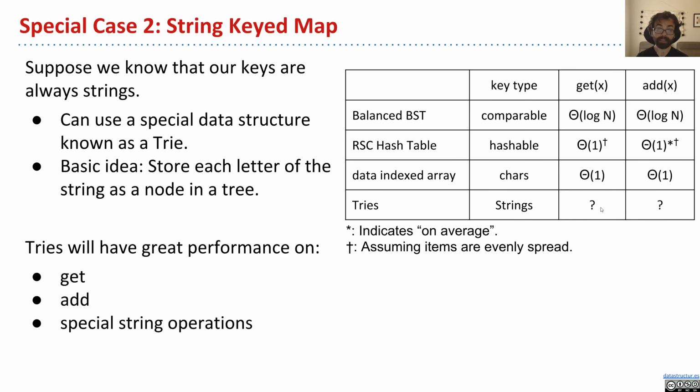I guess I should also note that we had a similar constraint for both our bushy trees and our hash tables. So for a balanced tree, our keys had to be comparable. For a hash table, they had to be hashable, though in Java that's everything. And for a data indexed array, we had characters. Okay? And so what we'll see is that tries are going to have really good performance for get and add, as well as special string operations.